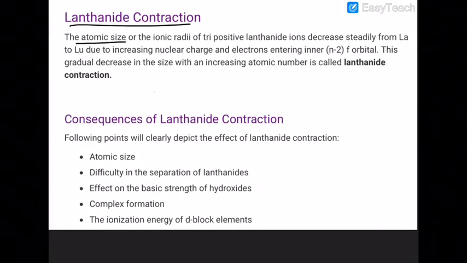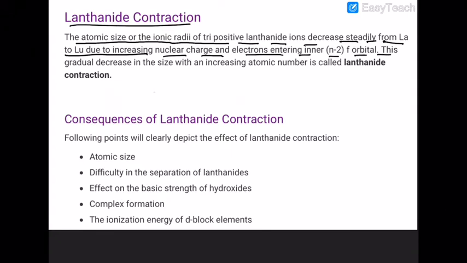The ionic radii of tri-positive lanthanoid ions decrease in a very steady manner from lanthanum to lutetium due to the increase in nuclear charge and electrons entering the (n minus 2)f orbitals. This gradual decrease in size with increasing atomic number is known as lanthanide contraction. So there is a decrease in atomic size as we move from lanthanum to lutetium.